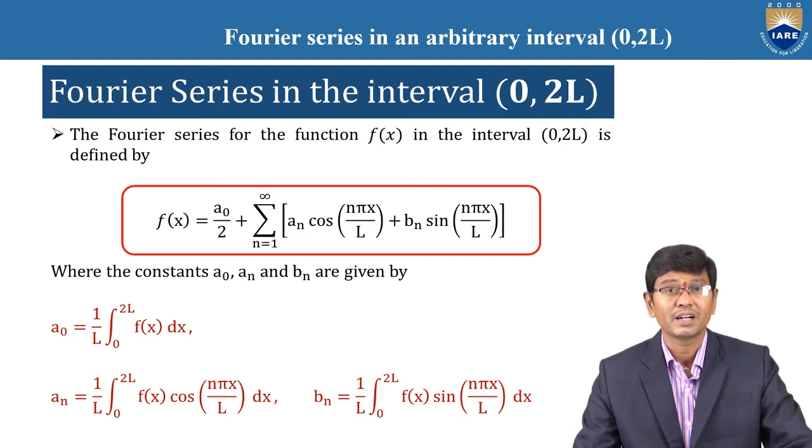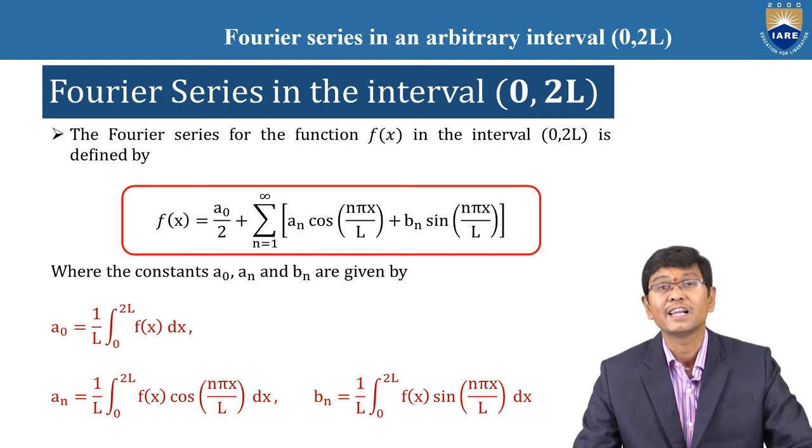Here a0 is equal to 1 by l integration 0 to 2l f of x dx, and similarly an is 1 by l integration 0 to 2l f of x cos n pi x by l dx, and finally bn is 1 by l integration 0 to 2l f of x sin n pi x by l dx.